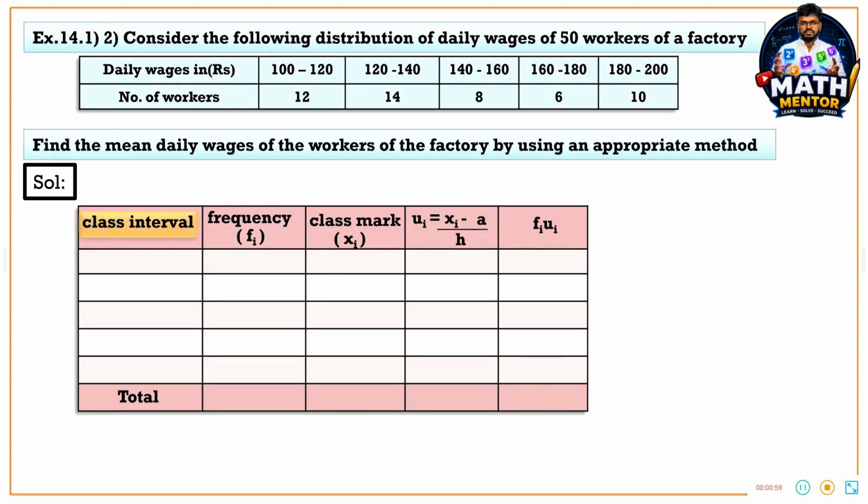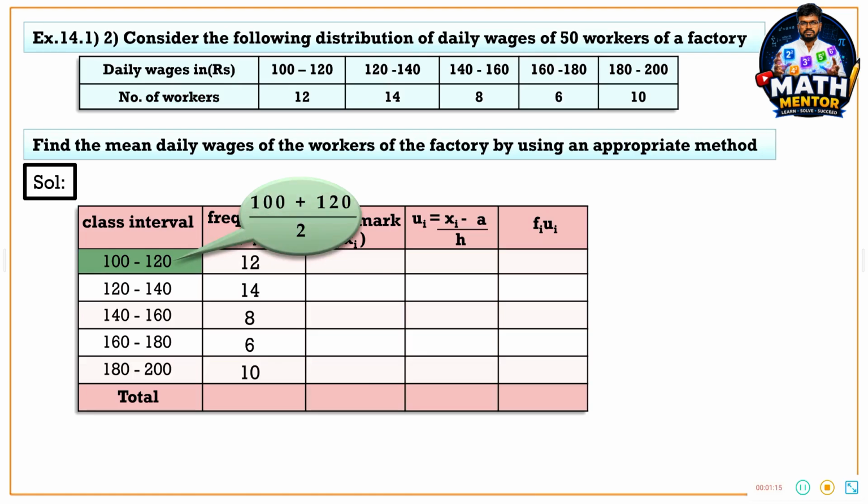In class interval we will write all the given class intervals, 100 to 120 and so on up to 180 to 200. Next we'll write down all given frequencies: 12, 14, 8, 6, 10. Next we are finding the class mark. Class mark is 100 plus 120 by 2, that is 110.